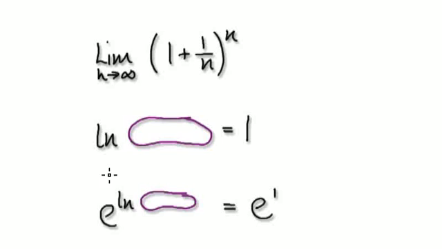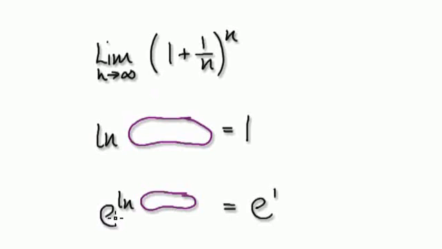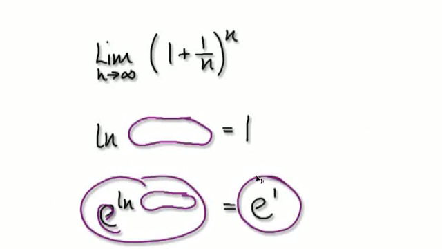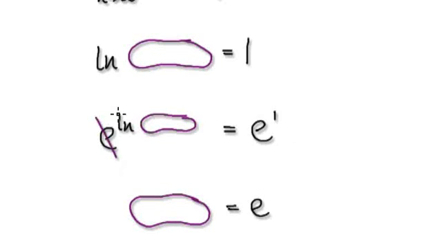So now exponentiate both sides. That would give you this on this side, and it will give you this on this side. Now these two will cancel out, giving you this thing here. And on this side, e to the power of 1 is just e. So really what you've got here is e is this bubble here.